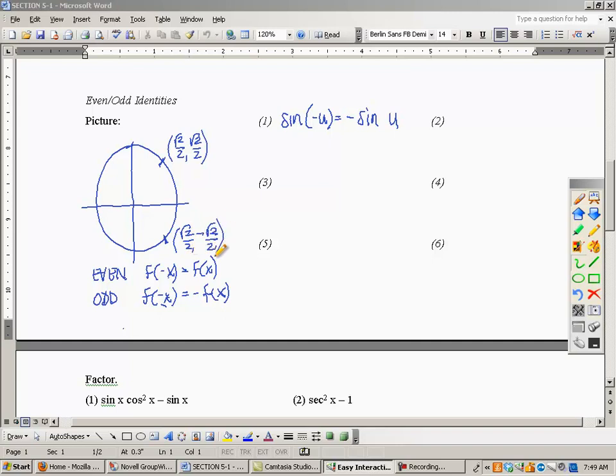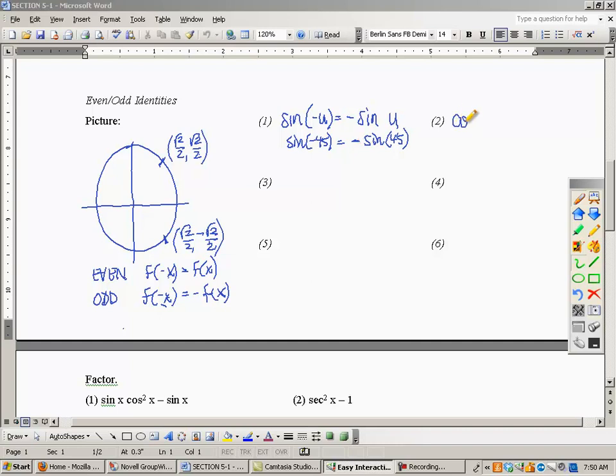Now, if I take the sine of negative 45, how does that relate to the sine of positive 45? Well, negative 45's sine value is negative square root of 2 over 2, where the sine of 45 is positive, so I get the opposite value out. And that's what they're saying in this case.